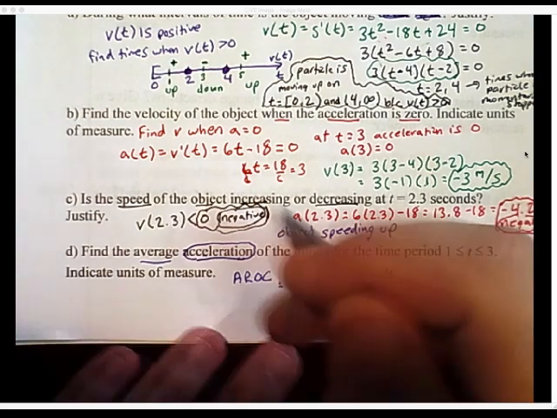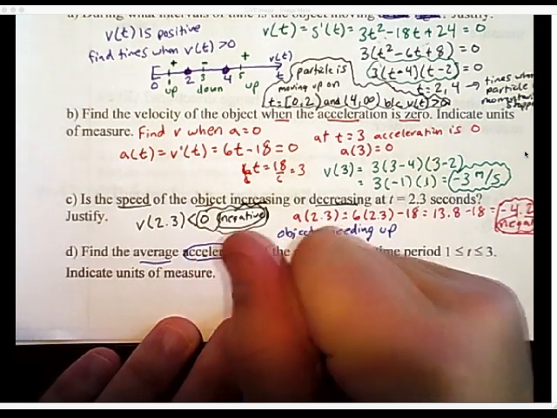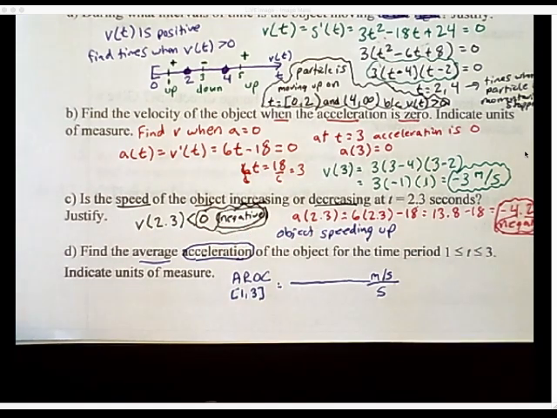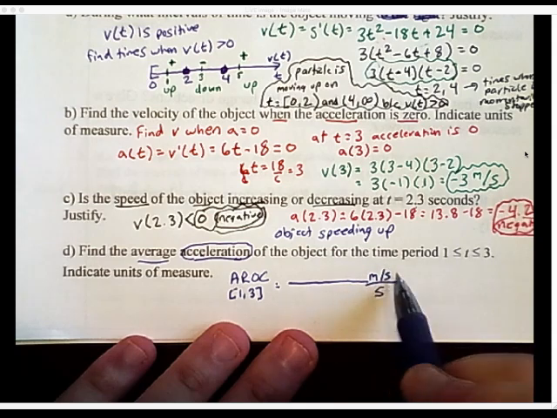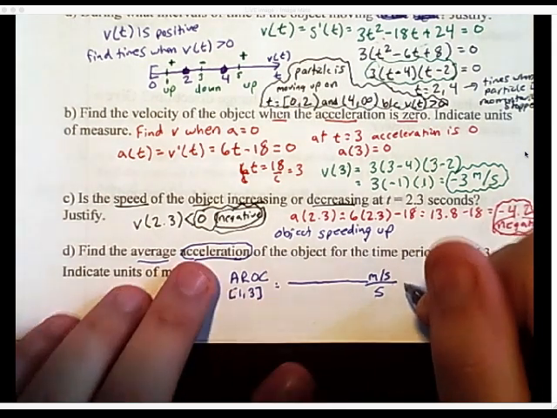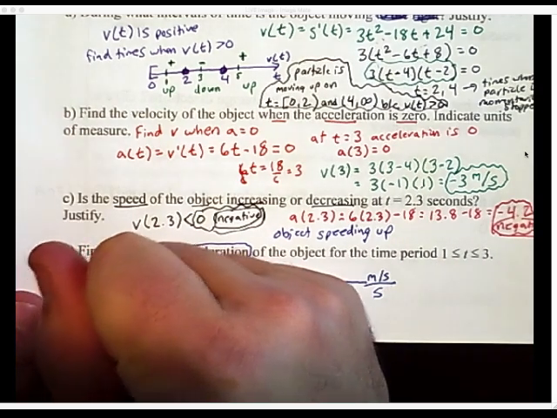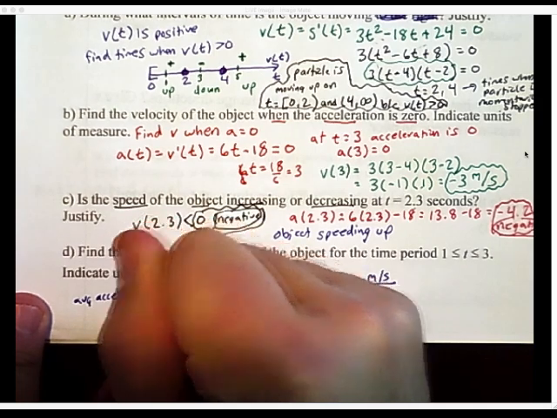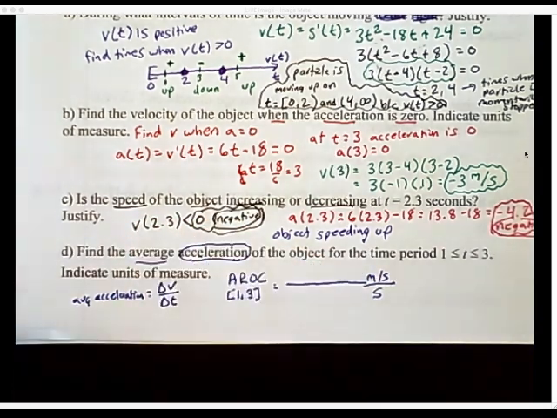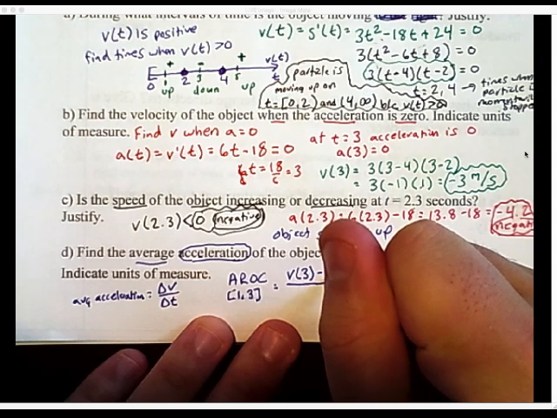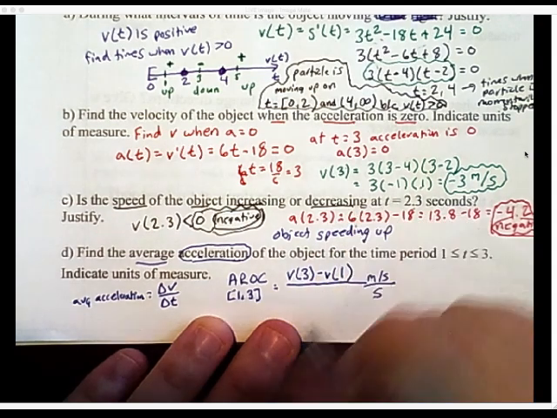If I'm going to find an average, that means I would want to find the slope of the secant line of the velocity function. Well, which function is measured in meters per second? That's velocity. So average acceleration means the change in velocity over the change in time. So I have to do v of 3 minus v of 1.